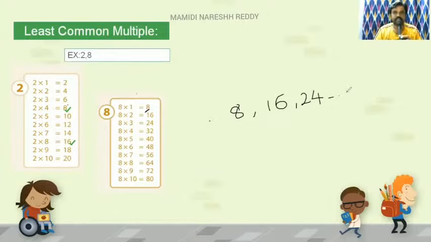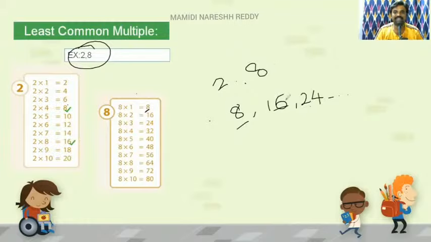Among these common multiples, we need to see the definition: the least natural number which is divisible by each of the given numbers. We have taken two numbers, 2 comma 8. These three numbers, 8, 16 and 24, are all divisible by 2 and 8.